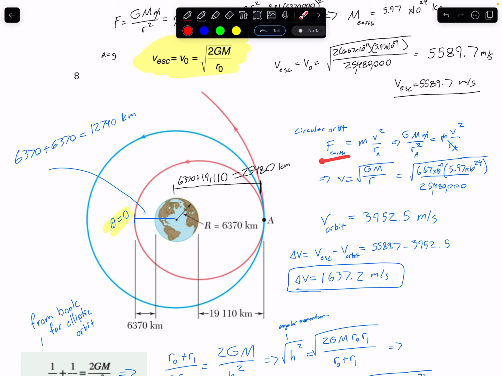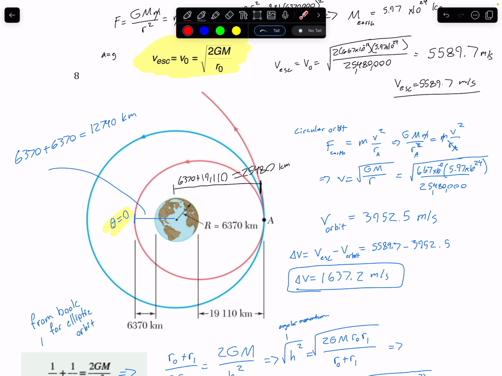And for the circular orbit at this point, we have the force of gravity of the Earth is equal to the mass times the velocity squared over the radius. And so, again, masses cancel. One of the radius is canceled, and we get the velocity squared is equal to the gravitational constant times the mass of the Earth over the radius that it is orbiting.